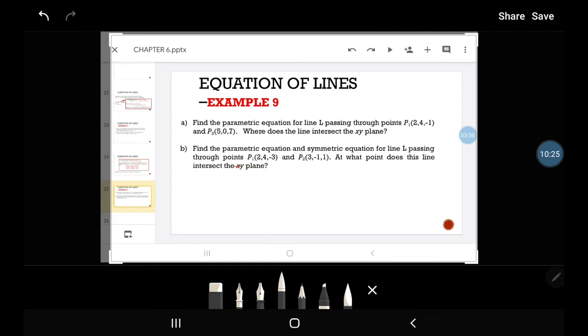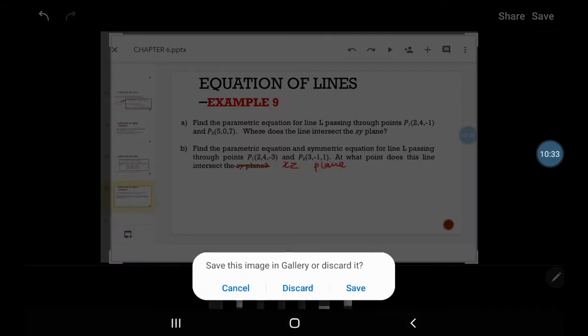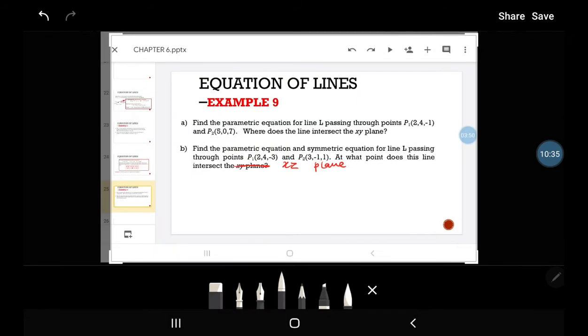Okay, let's make this the xz plane. So if it is the xz plane, what value should we let be 0? It is y. Okay, just leave it like that first.